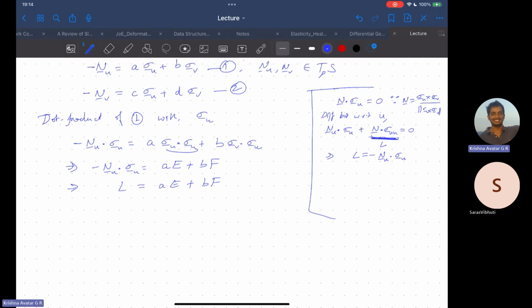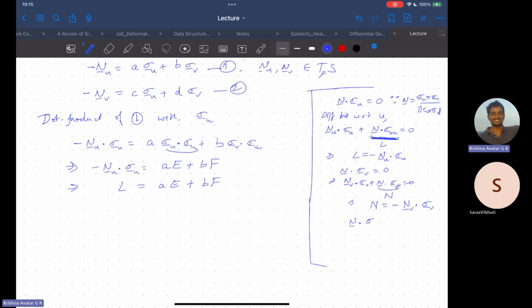Now, likewise, what we'll have is n dot sigma v is equal to 0. Differentiating with respect to v gives us nv dot sigma v plus n dot sigma vv is equal to 0. And n dot sigma vv was N. So this implies that N is equal to minus nv dot sigma v. And for M we have two choices.